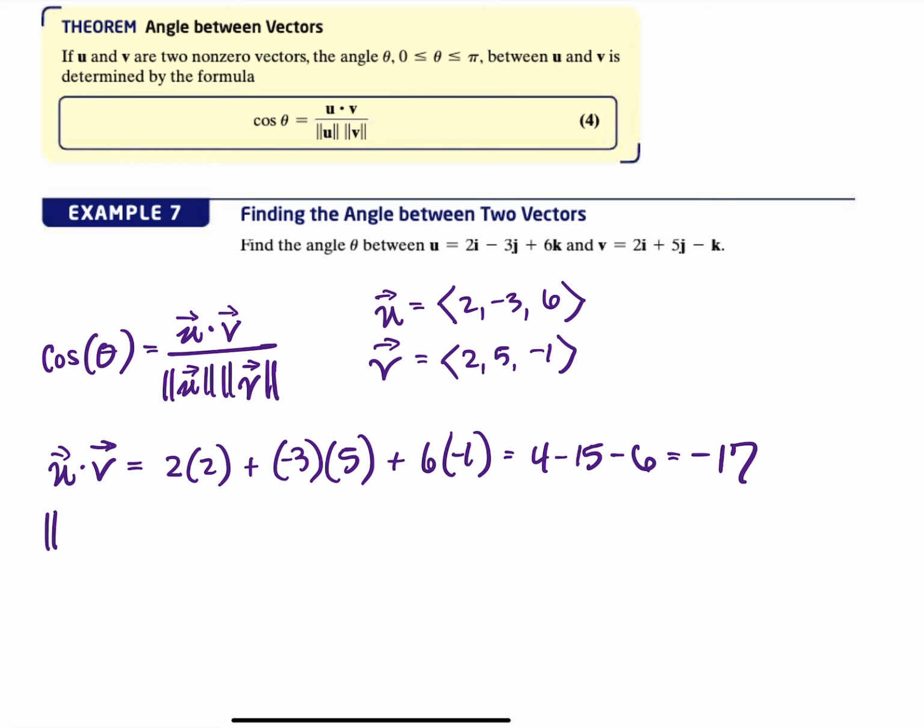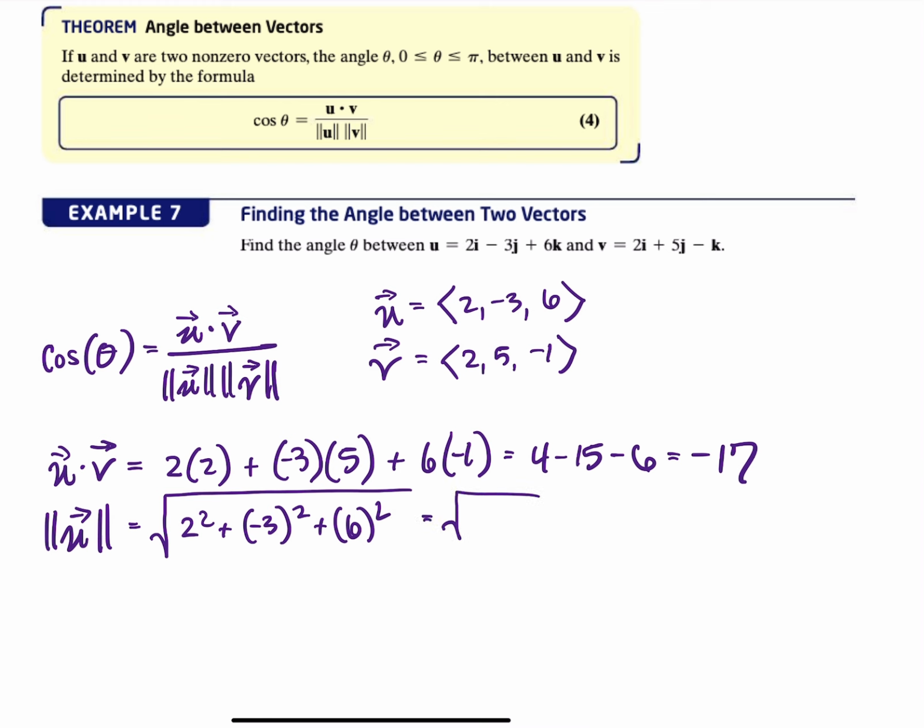Then let's find the magnitude of u. That will be the square root of 2 squared plus negative 3 squared plus 6 squared. So that will be the square root of 4 plus 9 plus 36, which is the square root of 49, which gives us 7.